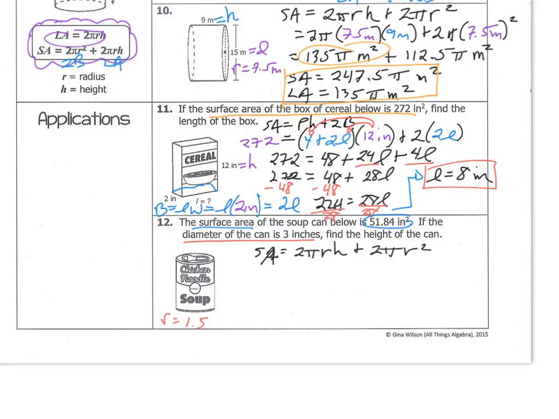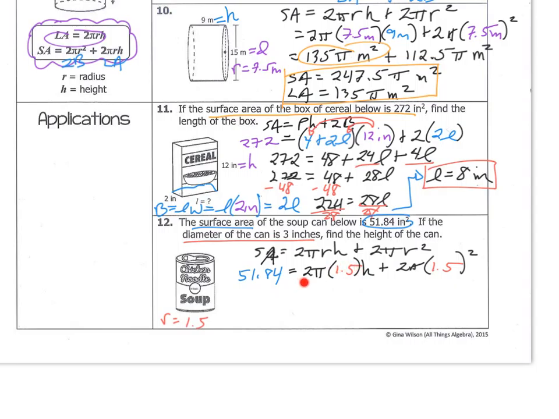So if you were to plug in, I'll just do this one step. 51.84 equals 2 pi times my radius is 1.5 times H plus 2 pi times 1.5 squared. You would want to clean this up, so you'd square the 1.5 first, times that's a pi, times 2.